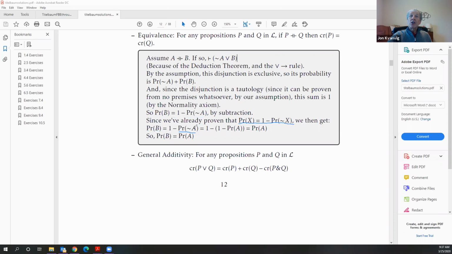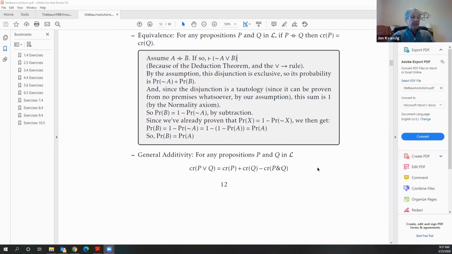We replace the probability of not A with 1 minus the probability of A. So we start out, probability of B is 1 minus the probability of not A, which is the same as 1 minus 1 minus the probability of A, which is just the probability of A. So the probability of B just is the probability of A, given this assumption.